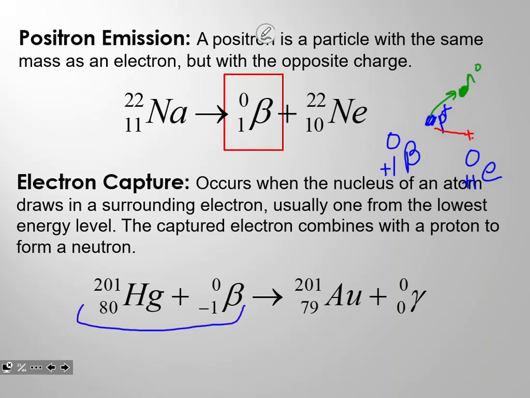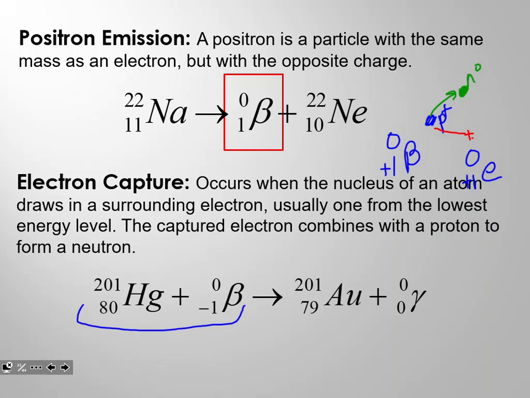Essentially what happens in these proton-rich nuclei is the element takes in an electron from its cloud and encompasses it into the nucleus. It combines with one of the protons and forms a neutron. Once again, reducing the proton number. The idea of positron emission and electron capture is to reduce the proton number to achieve stability.